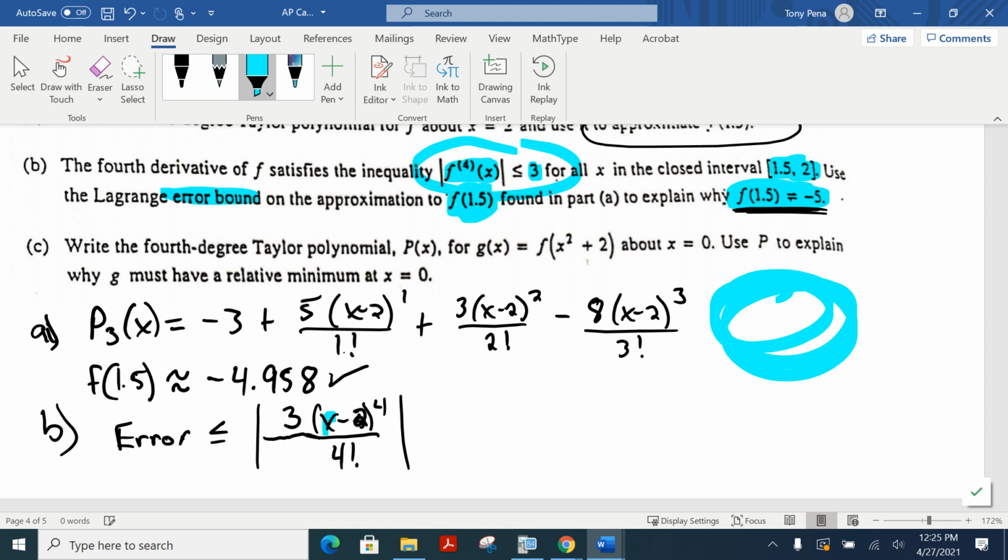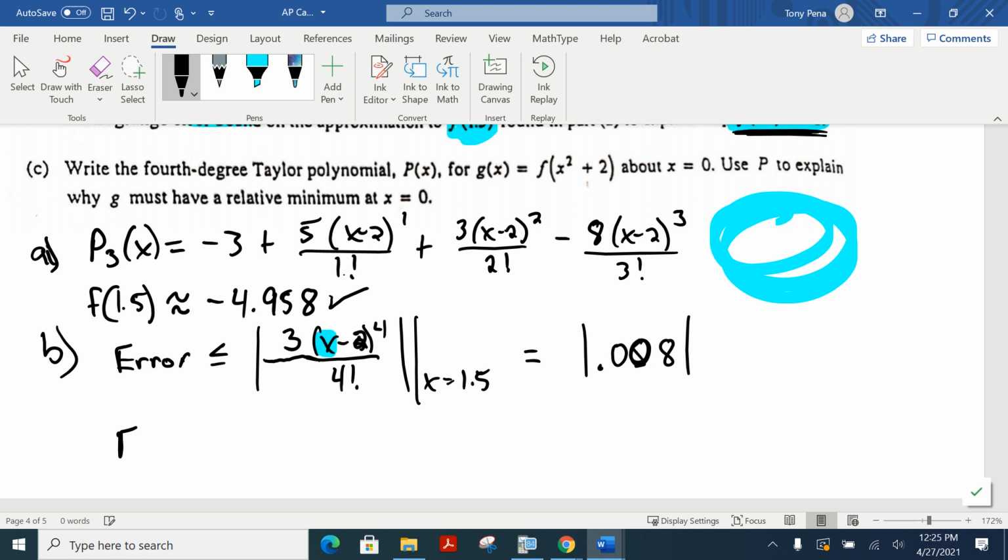The 1.5. So now we want to know when x is 1.5, what does that equal? So that's our fourth term. If we would have plugged in the 1.5, that thing would have had a value of, and I can give you this, at this point it's just calculator issue, 0.008.